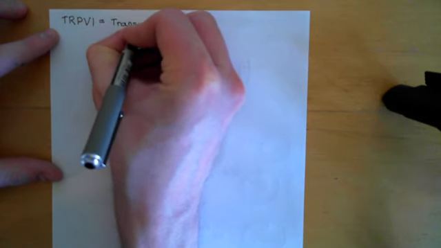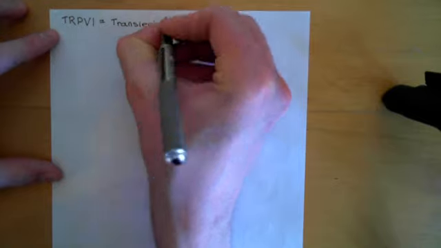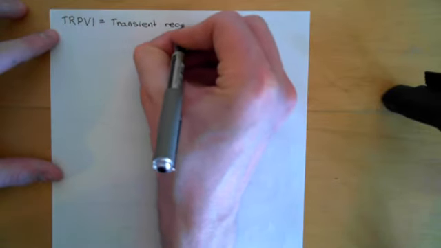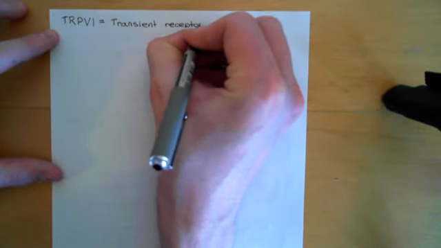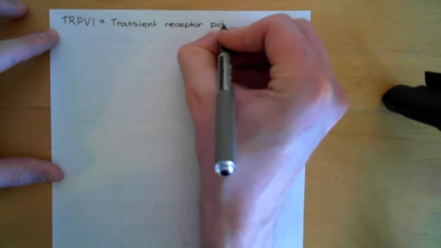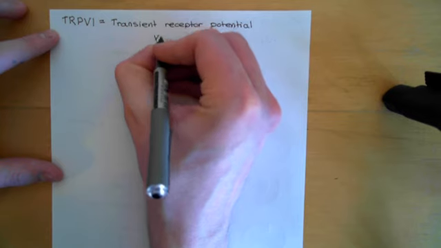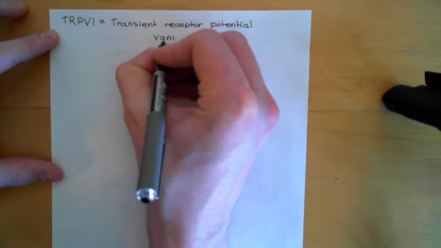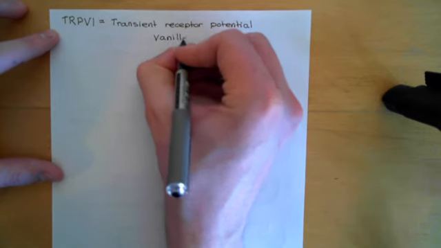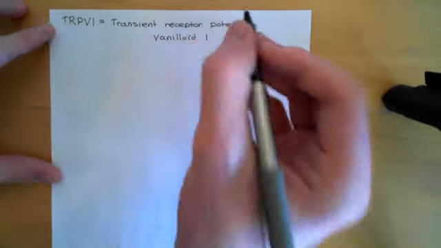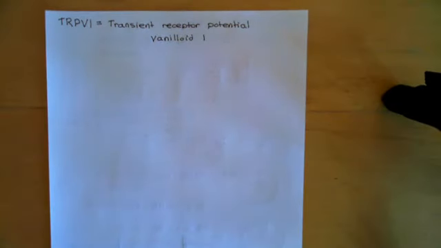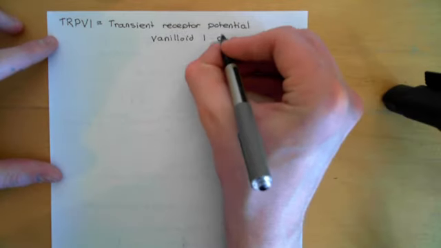So what does it stand for firstly? It stands for transient, that's the T, receptor, that's the R, and then potential, transient receptor potential, and then it's vanilloid because it can be activated by molecules known as vanilloids. Vanilloid 1.